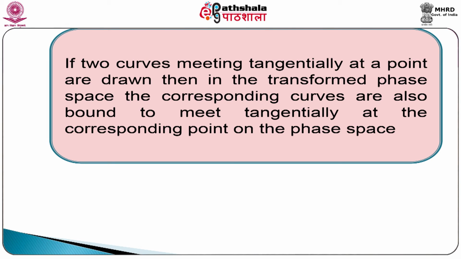The geometrical property which is essential for contact transformation is if one draws two curves meeting tangentially at a point, then in the transformed phase space the corresponding curves are also bound to meet tangentially at the corresponding point on the phase space. This signifies the meaning of the term contact. If the time parameter is not transformed, all the canonical transformations are contact transformations.